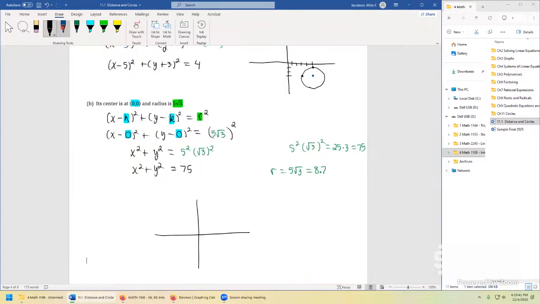So we're centered right at 0, 0. Then we have to go to 8.7. So let's plot 9 tick marks. We'll have a point roughly here. That's going to be my best approximation of 8.7.